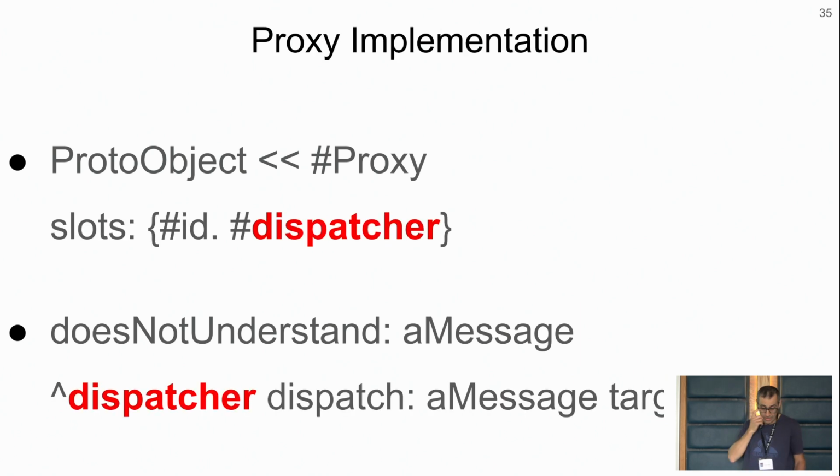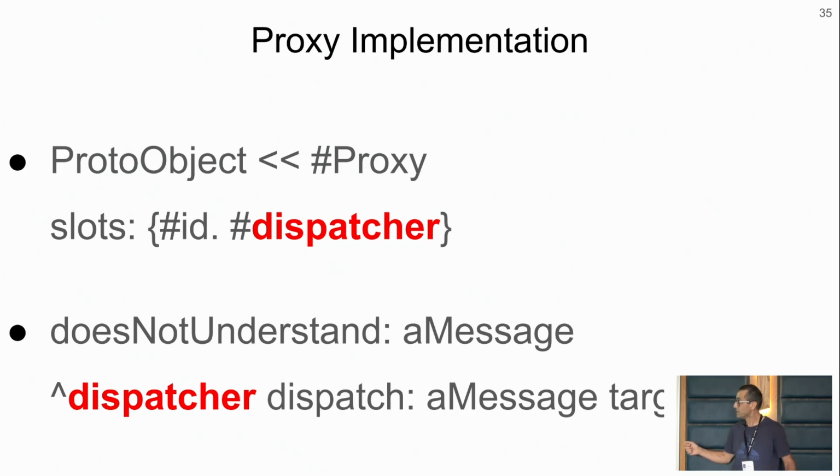So in the current implementation of MyPrecious, each proxy knows about an ID, obviously, so we know what the target object is on the other side, but we have a dispatcher. And the dispatcher is in charge of actually doing the work of transferring to the other side.